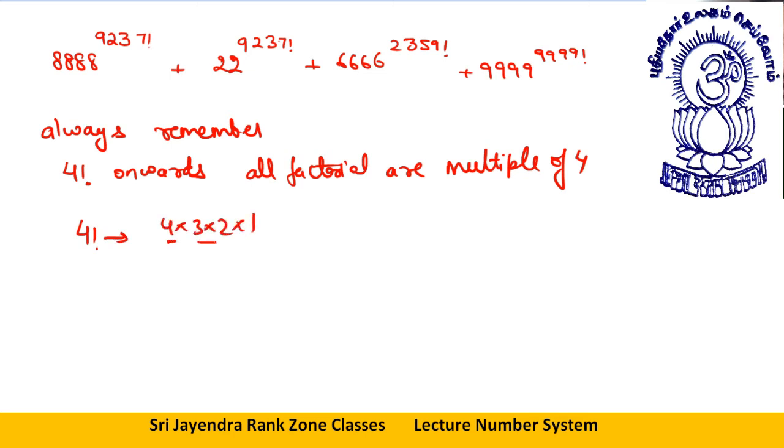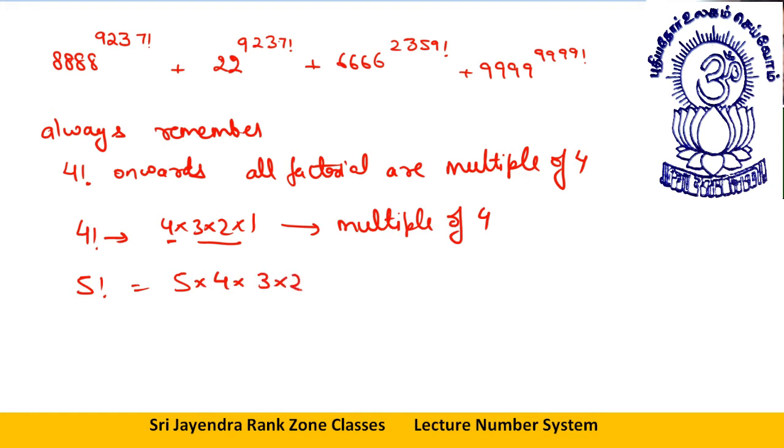The moment you get 4 into something, you get a multiple of 4. Similarly, 5 factorial is 5 into 4 into 3 into 2 into 1. You get a 4 here, so again you get a multiple of 4. So 4 factorial onwards, all factorials are multiples of 4.